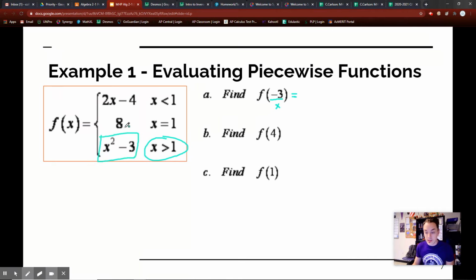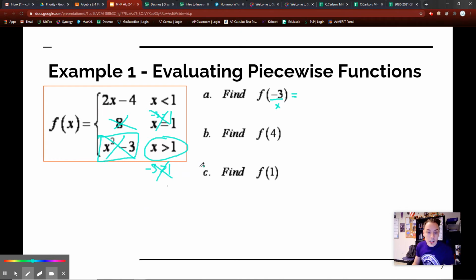Well, is -3 greater than 1? No. And if it's not, we're not going to plug it in there. Is -3 equal to 1? No. You see how these are kind of like conditions or restrictions here? A condition, in other words, is what we call a restriction in mathematics.